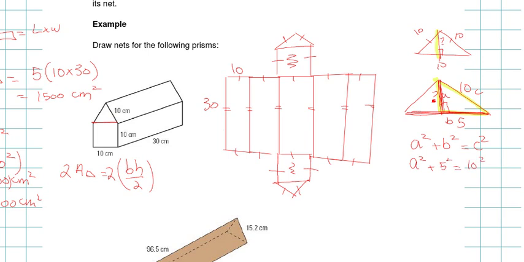A squared plus 25 equals 100. Bring the 25 over so that becomes 100 minus 25, which is 75, and I can take the square root. Square root of 75 is 8.66, so 8.7.